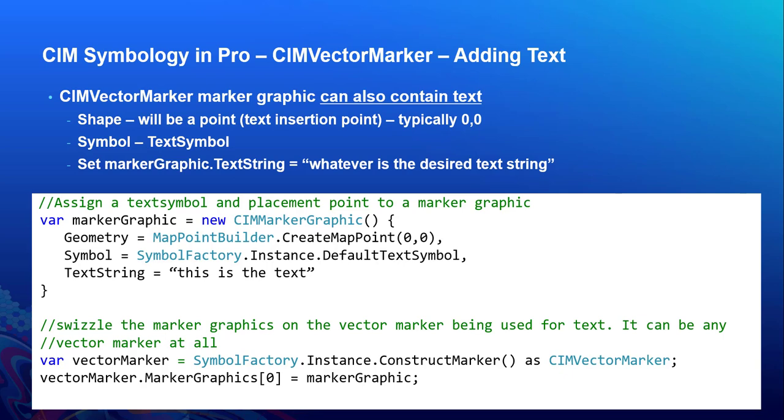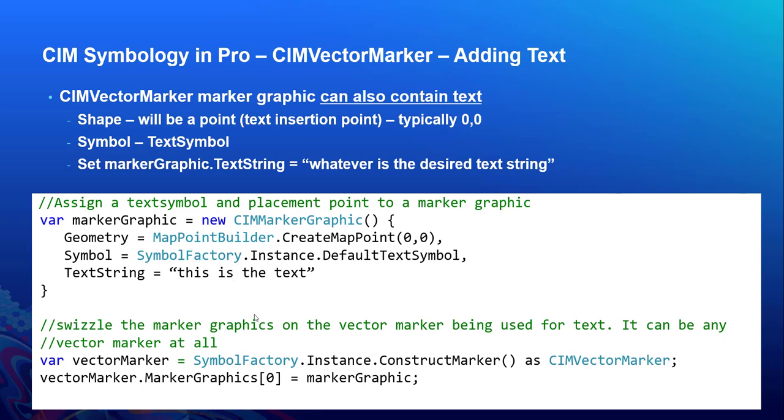The code looks like this. I'm instantiating the marker graphic, so this is the marker graphic that I'm going to be using, and I'm specifying a point for its geometry. So map point builder, create map point 0, 0, and that'll be the insertion point of the text. I'm just using the default text symbol, whatever that is. And then whatever is the literal string that I assign into text string, it's the text string that will be shown.